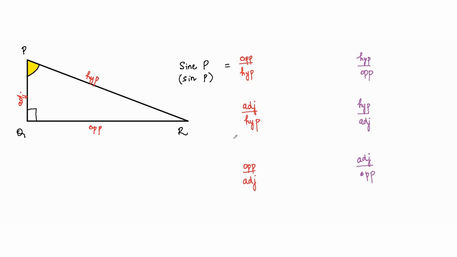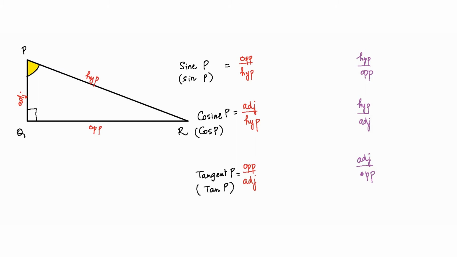The ratio of adjacent to hypotenuse is labeled as cosine, and the short form of cosine is cos. So cos of P is basically going to be the ratio of adjacent side to the hypotenuse side. The ratio opposite to adjacent is written as tangent of that angle. Tangent P will be opposite by adjacent, but the short form of it is tan P.